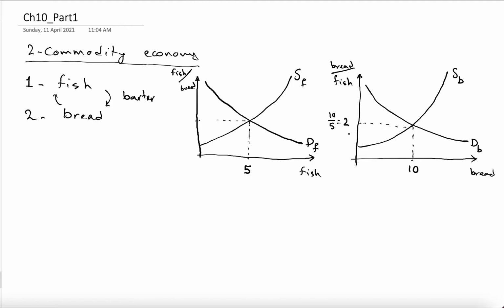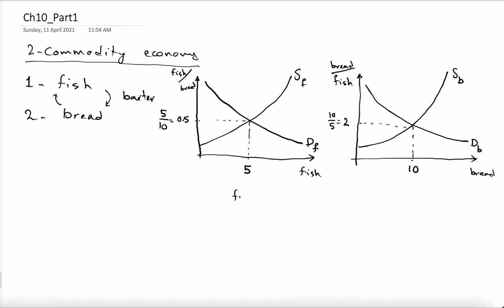Every 2 bread is equal to 1 fish, and in this case it is 5 fish for 10 bread, so it is half a fish per bread. This is 2 bread per fish, because these 5 and 10 are the only commodities existing. So we see that the prices are basically reciprocal.